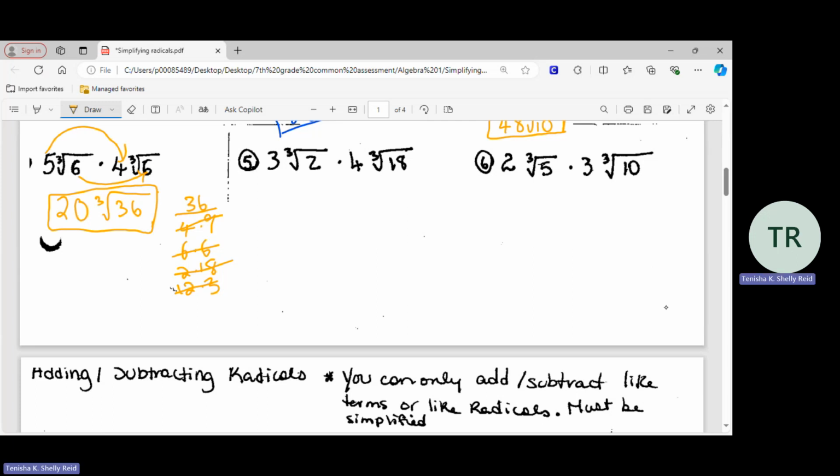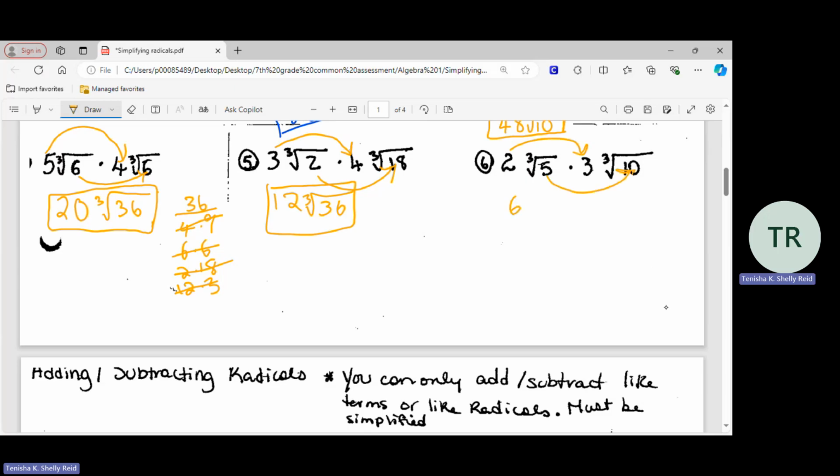All right, so then hopefully we did 3 times 4, and we had 12. And after you had 12, you multiplied underneath the radical and you realized, oh, it's the cubed root of 36. But I just got 36 and I know it can't be simplified, so I am good. Then I would come over here, 2 times 3, you had 6.